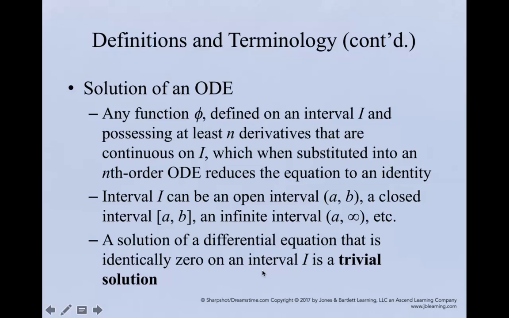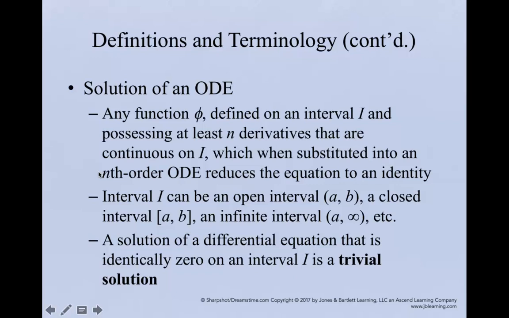We also tend to talk about functions being defined on some interval, and that the derivatives on that interval are continuous. And so basically, if we take this function phi, which is continuous on some interval, and its derivatives are also continuous, and we substitute it into an nth order differential equation, basically the statement of the differential equation becomes true.